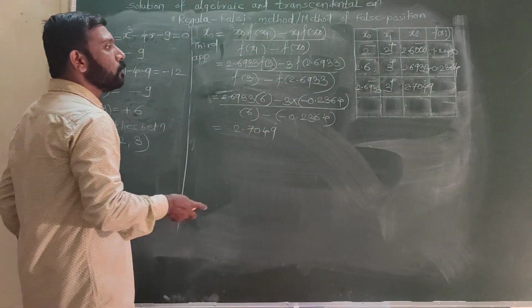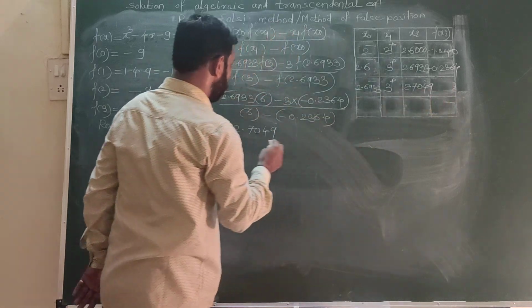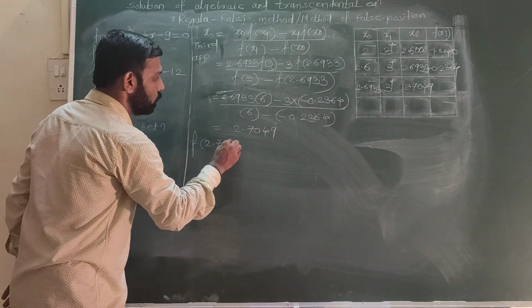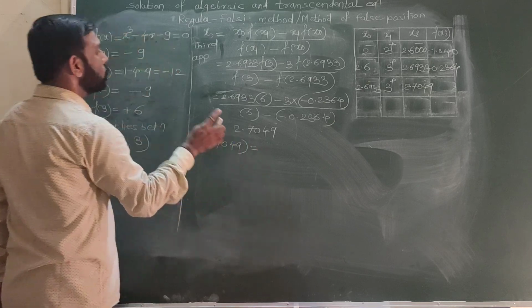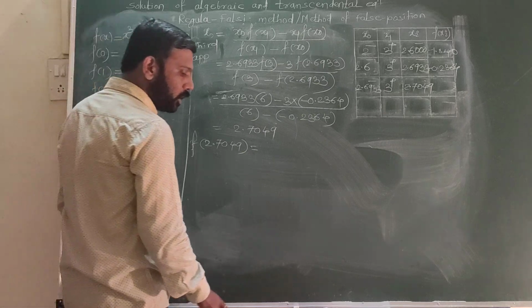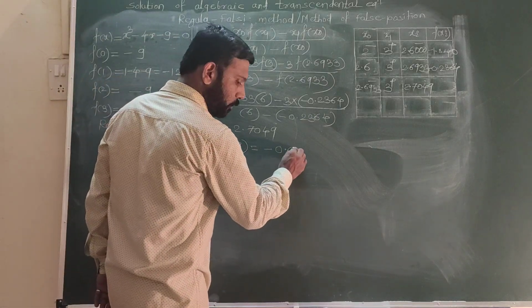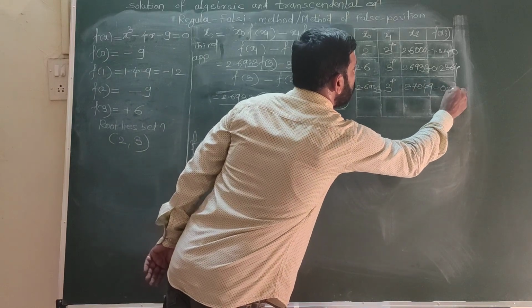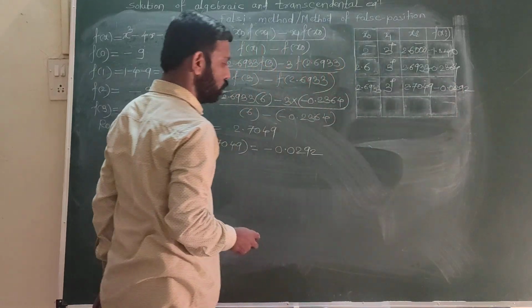2.7049. Next, f of x we have to find out. So in this polynomial, if we substitute, the calculation gives minus 0.0292.